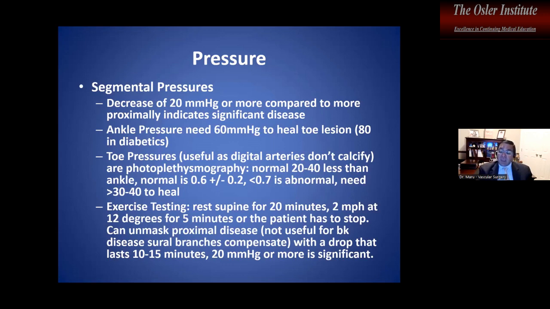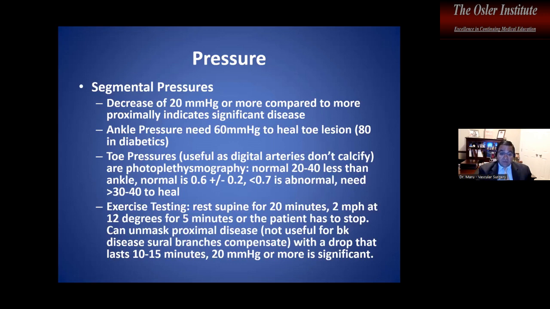Exercise testing, really helpful in sometimes the younger patients, right? That you don't suspect PAD, but there may be some sort of other abnormality that you're looking for. And so exercise testing is also helpful.